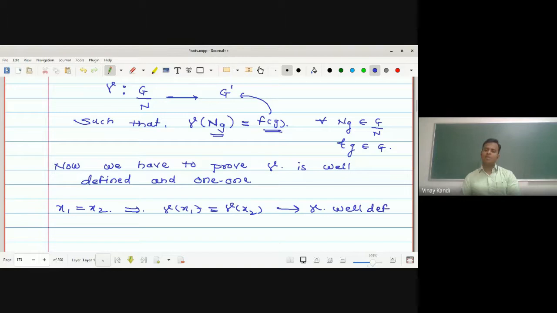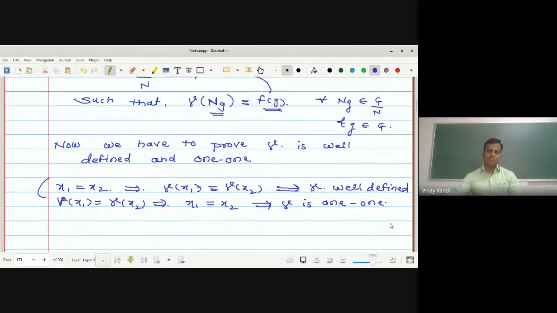Okay, and how to prove the 1-1? If gamma of x1 is equal to gamma of x2, reverse case, this implies x1 is equal to x2. This implies what it implies, gamma is 1-1.